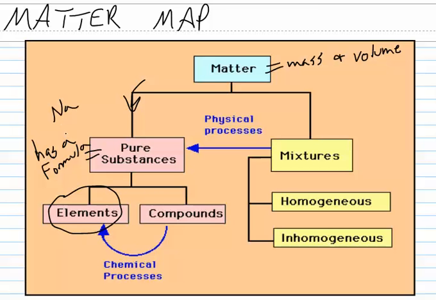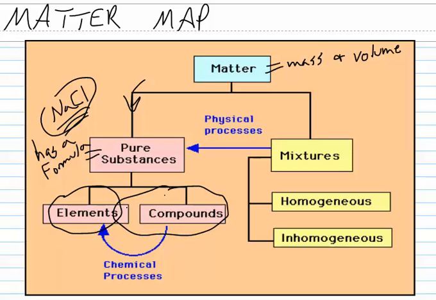Elements are all pure substances. Now if you take sodium and put it with chlorine, you get NaCl, table salt, and this is a compound. So pure substances can be represented with a formula. That's the way I remember it. If you find something better, please let me know.